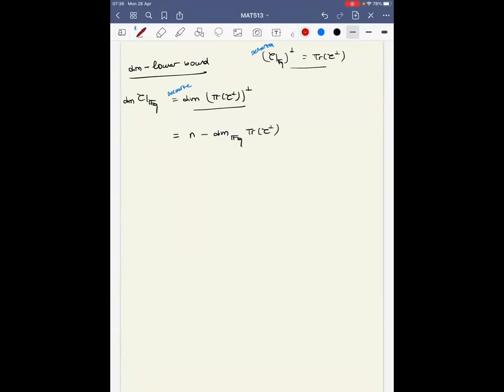So that means this quantity is bigger than or equal to n minus m times the dimension of C dual. And if we apply again the definition of the C dual, what we get is n minus m times the dimension of C over F_{q^m}.